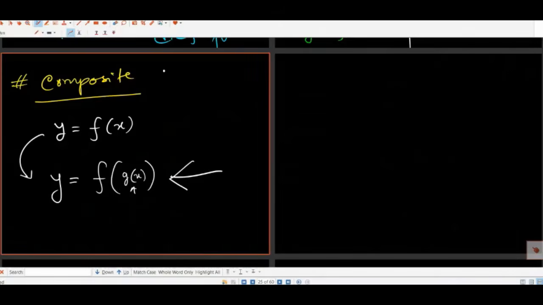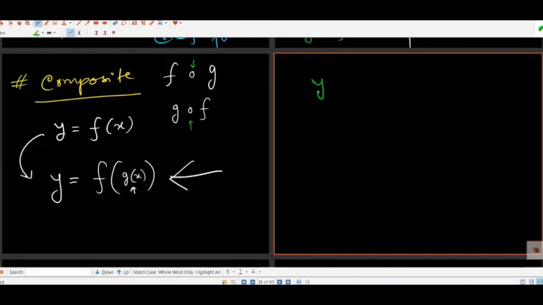So composite functions are denoted as f composite g or g composite f. This is one open circle, but actually it is called composition. So you have to know about composite functions. Suppose we have x plus 1 and let's say this is y1 and y2. We have x squared.